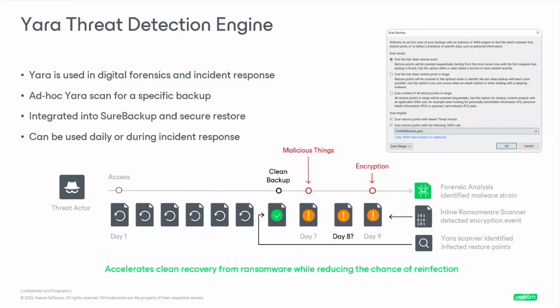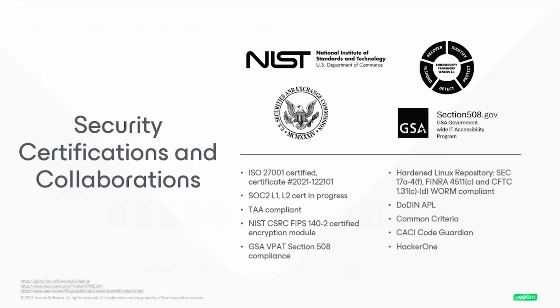Yes, they might be infected, but you can use SureBackup to restore those workloads in an isolated, ring-fenced environment, away from production, so that the security team and you can go and clean up the data and then copy the data out. So there's always ways that you can reuse your backups, but for us, it's to help you identify which restore points are malicious and understand you don't want that back into production.